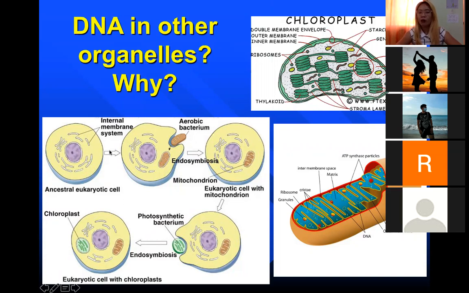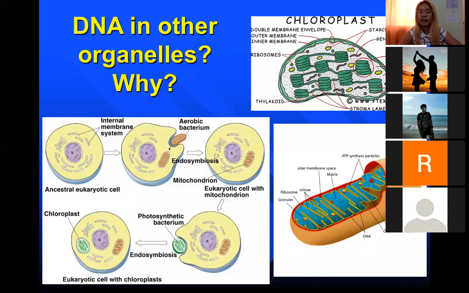And then somehow, it was able to engulf or ipinasok niya sa loob ng eukaryotic cell itong mga smaller cells that originally were called as aerobic bacterium. Ibig sabihin, yung origin daw ng mitochondria dati, because they were smaller, they were theorized to be bacteria that are able to do cellular respiration.